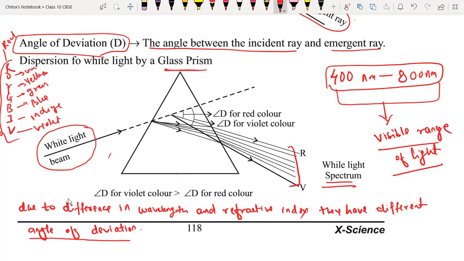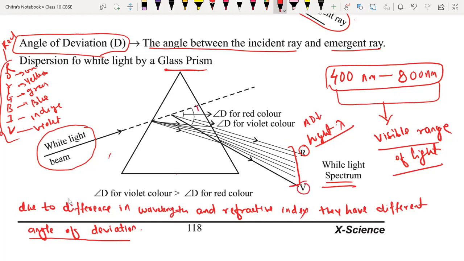The red color, which appears at the top, has the highest wavelength, and the light which has the highest wavelength has less angle of deviation. And violet here has the highest angle of deviation.